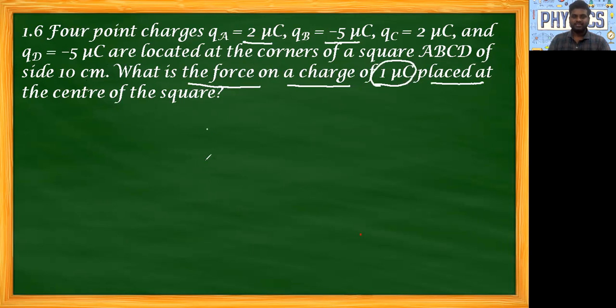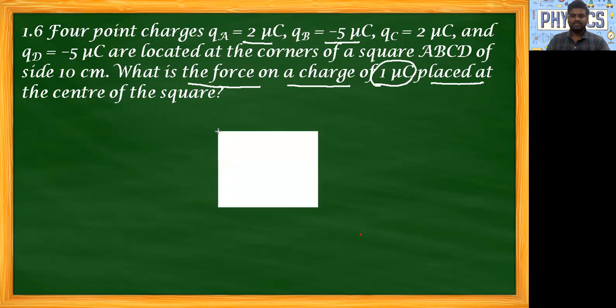Let us take this is our square. I will draw clearly. Here are the charges: QA charge, here QB charge, here QC charge, and here QD charge.